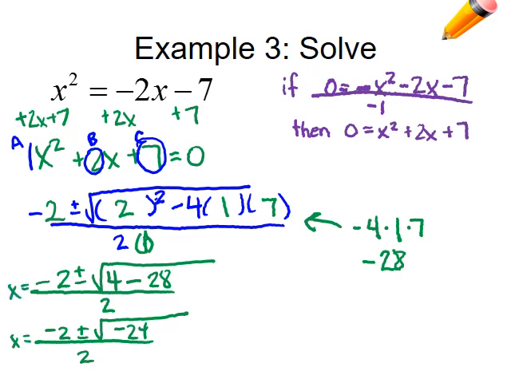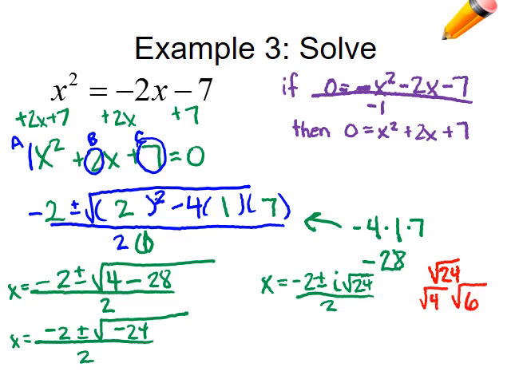We've got a negative under the radical, which means I need to take that negative out and make it an i. So now I have an imaginary number. I also need to reduce square root of 24. Square root of 24 reduces down to a good and bad of 4 and 6.